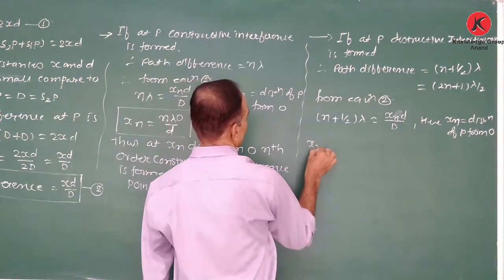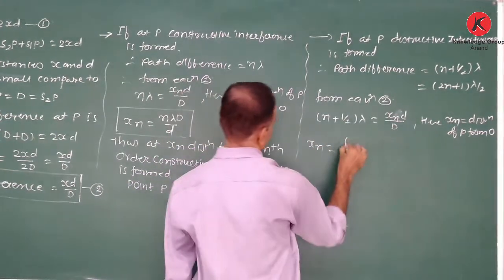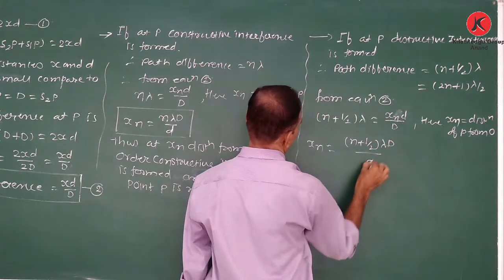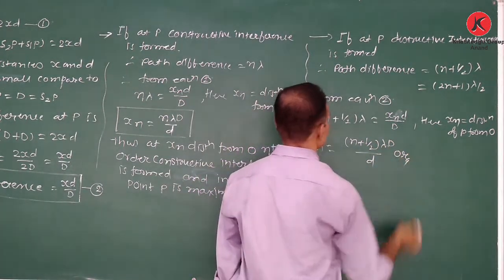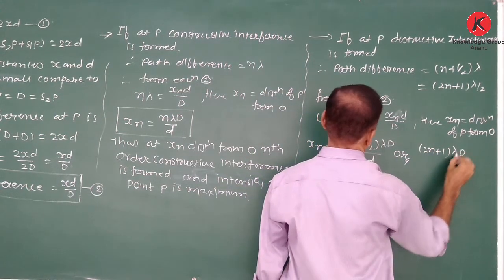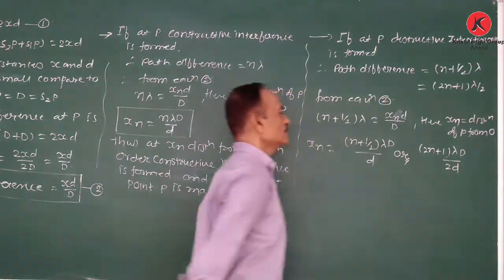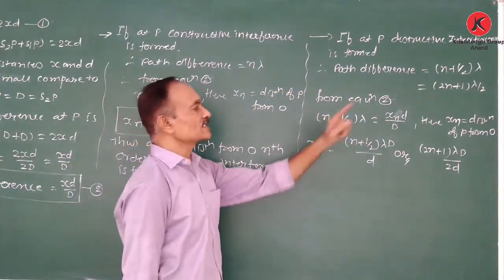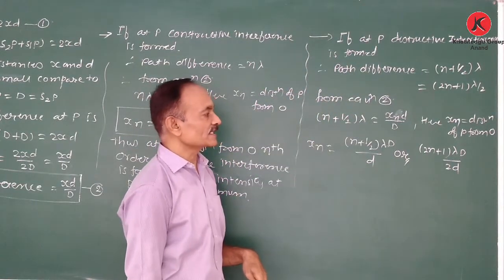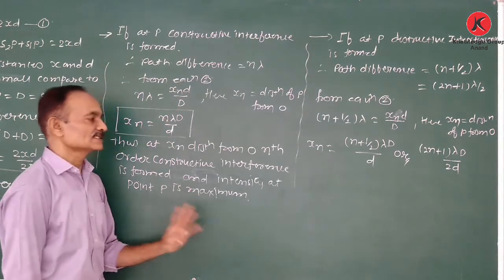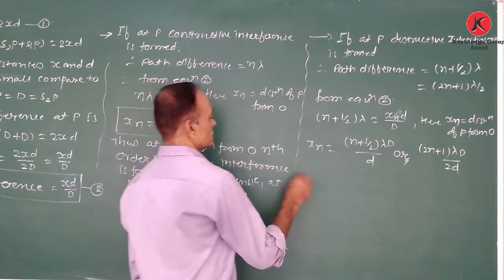Therefore, xn is equal to n plus 1 by 2 lambda D upon d, or 2n plus 1 into lambda D upon 2d. That is the distance from point O at which the nth order destructive interference takes place, and the intensity at point P is minimum or zero.